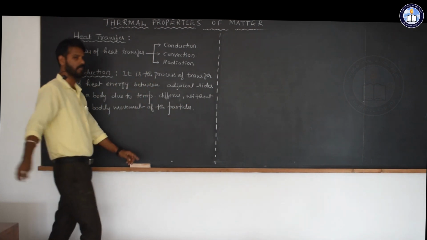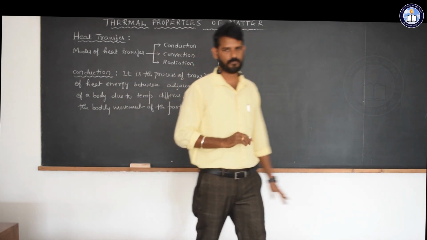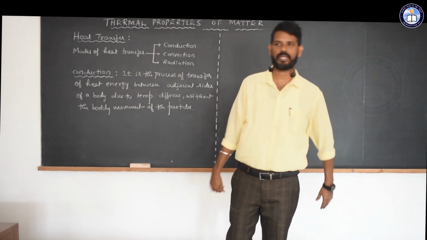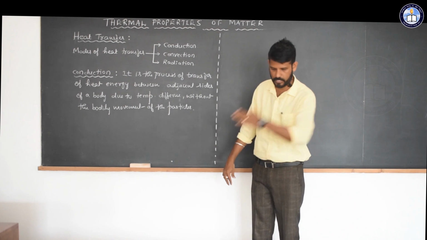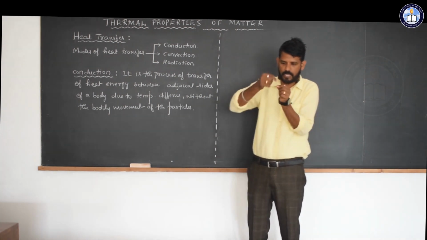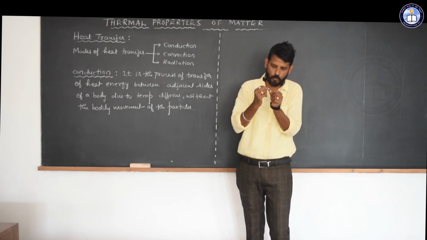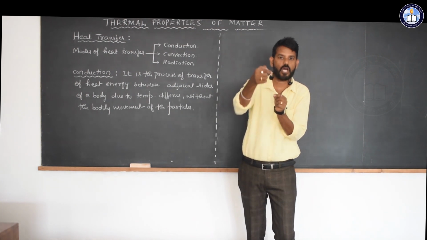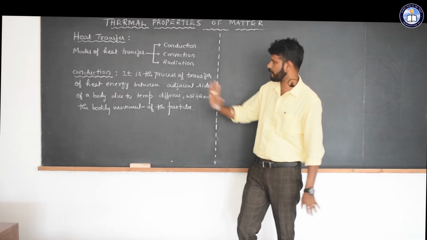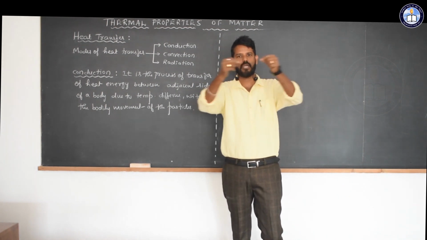That means here there is no movement of the particles of the body, but the heat transfer takes place from one place to another place of that body. So the particles of the medium or body transfer heat energy from one particle to the next particle without the movement. The best example you can consider is a rod.